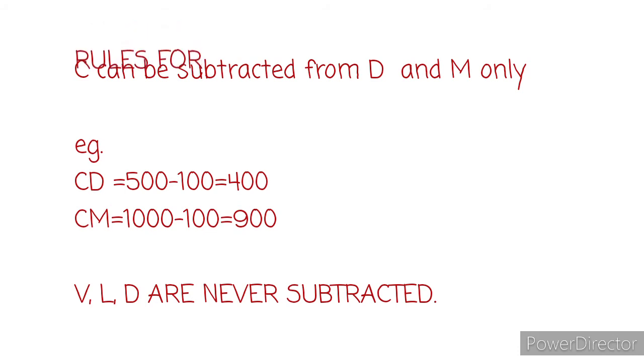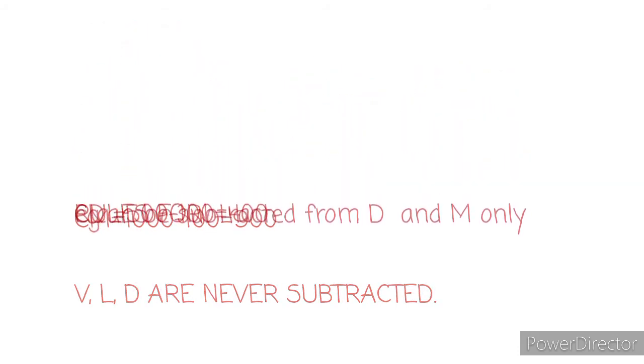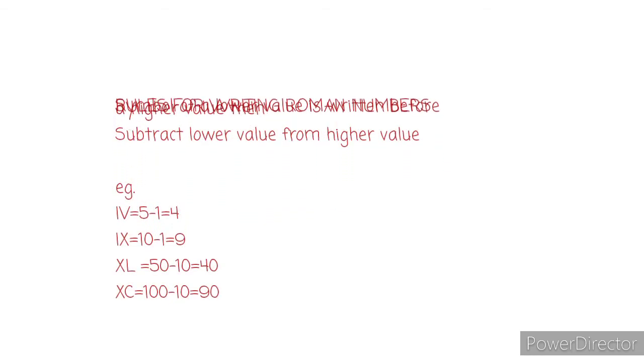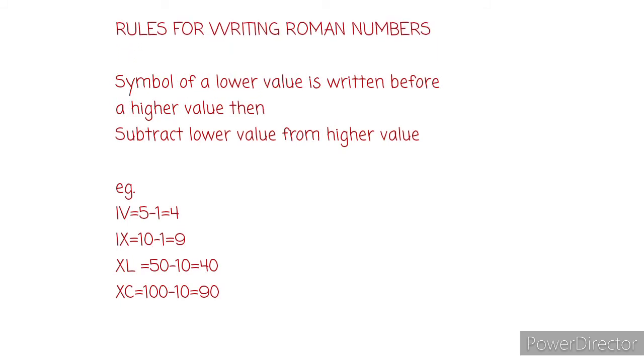Next, rules for writing Roman numbers. If a symbol of lower value is written before a higher value, then we have to subtract the lower value from the higher value. That is, I is 1 and V represents 5. If I is written before V, then it has to be subtracted: 5 minus 1 equals 4.